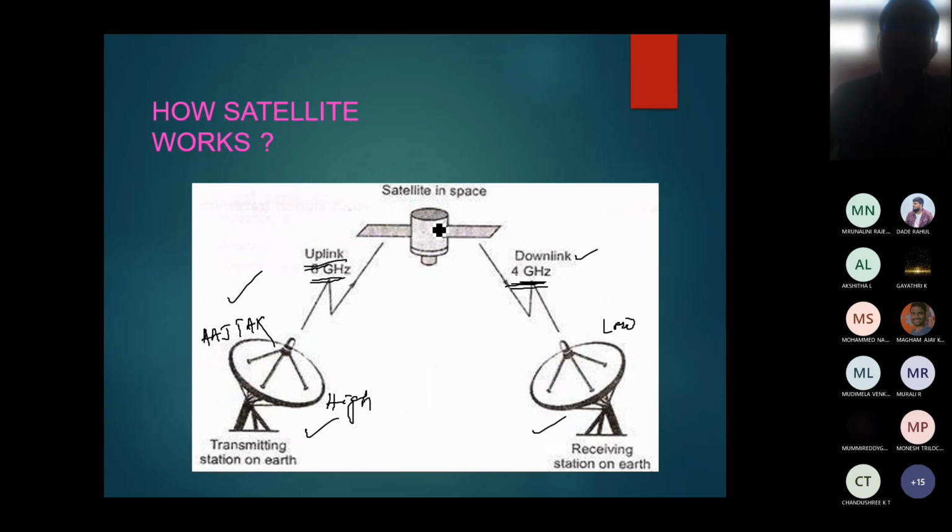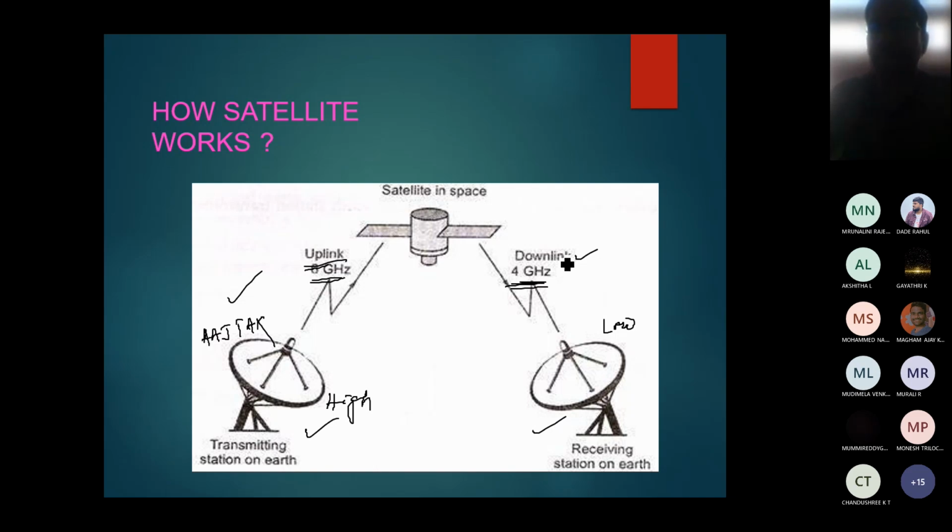So conservation of power is of high priority in space communication. When the information is broadcasted by the satellite, our aim is to transmit the information at such a frequency that the power of transmission is as low as possible.